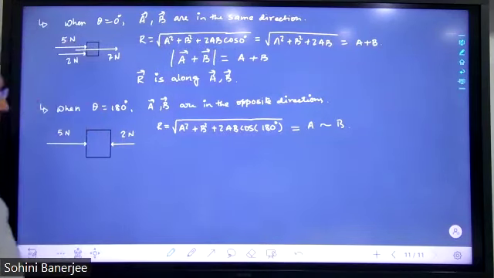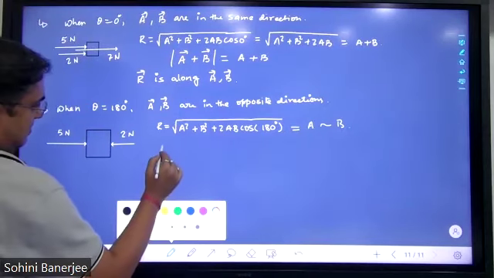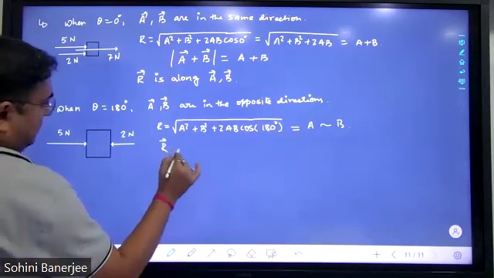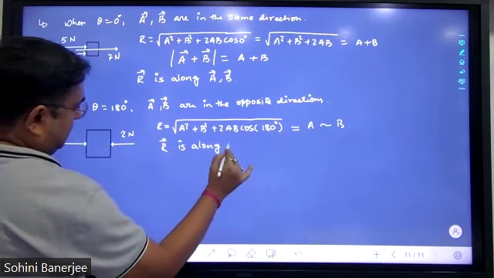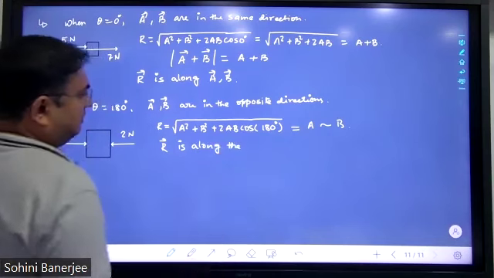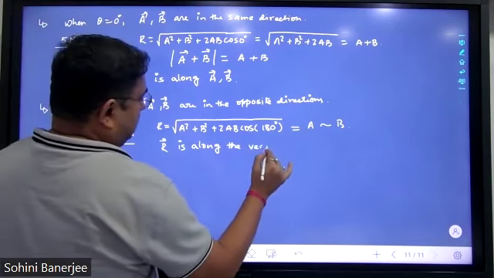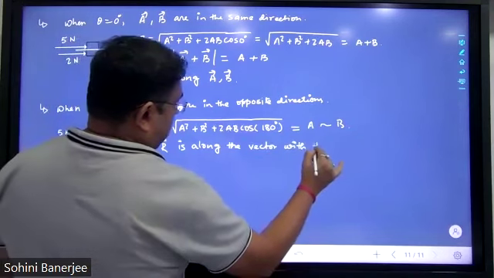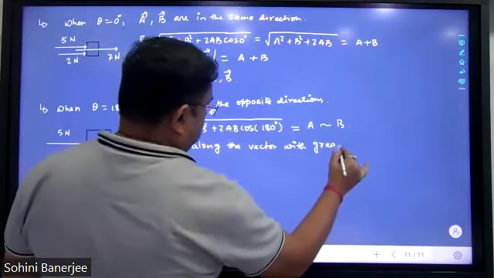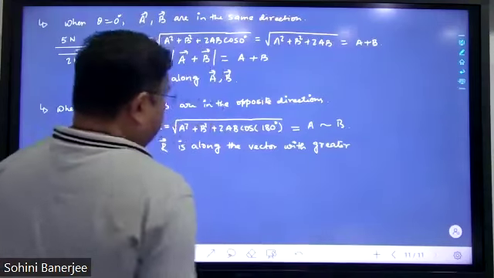So A difference B. And what about the direction? R is along the vector with greater magnitude.